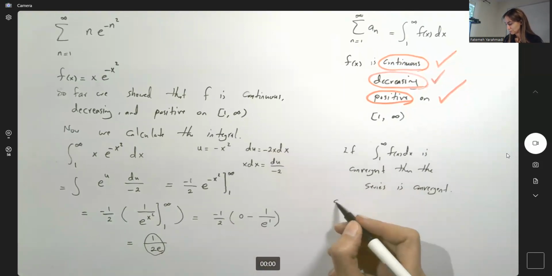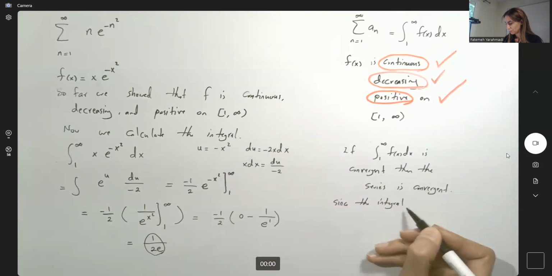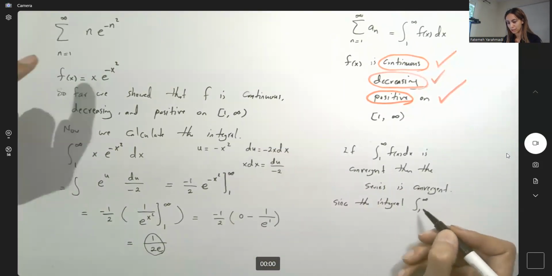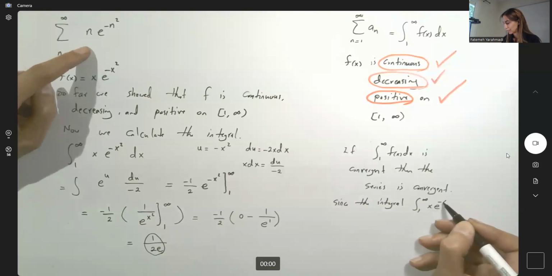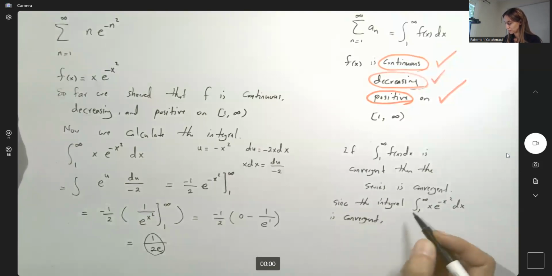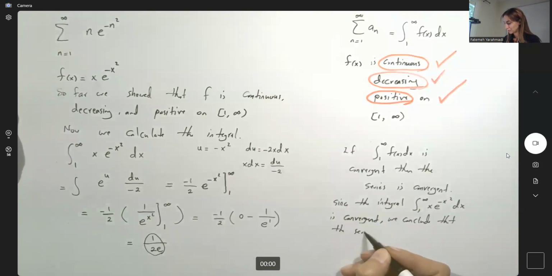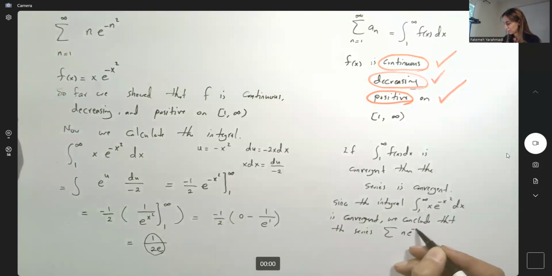Since the integral from 1 to infinity of x e to the power negative x squared dx is convergent, we conclude that this series, the sum of n e to the power negative n squared from 1 to infinity, is also convergent.